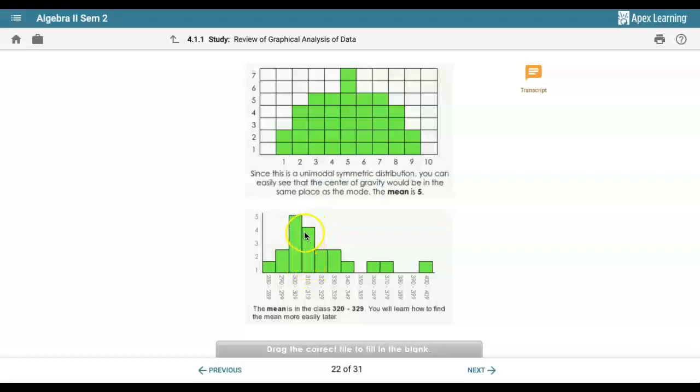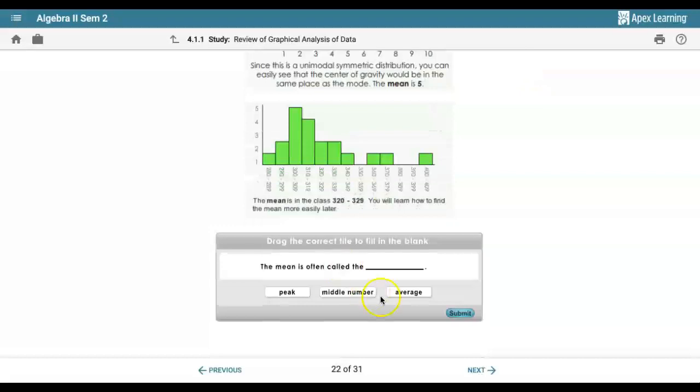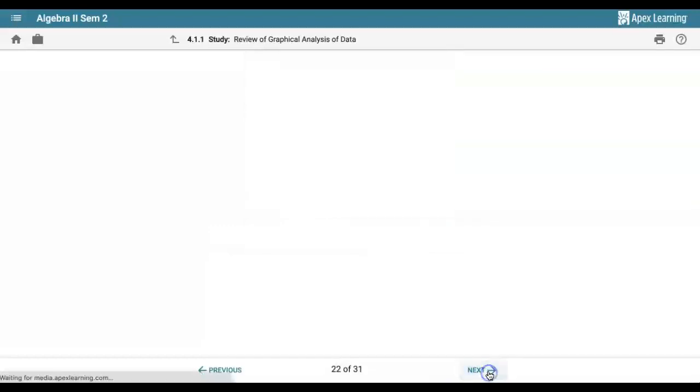This bar contained our median, and this bar is actually containing our mean, or our average. So again, there are a lot of different differences, but knowing the definitions is going to be really helpful for you. And the mean is often called the average. That's always a good thing to remember.